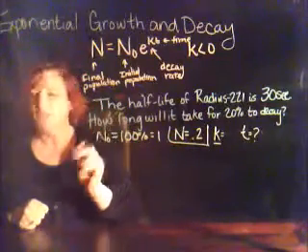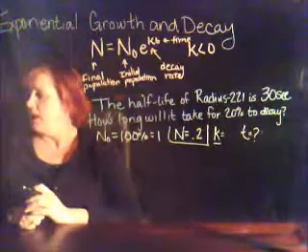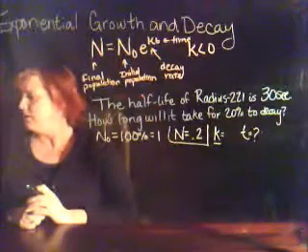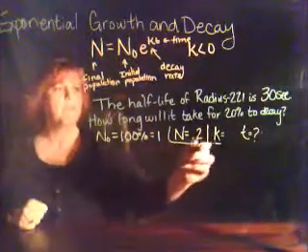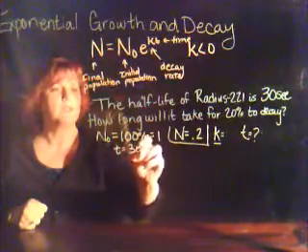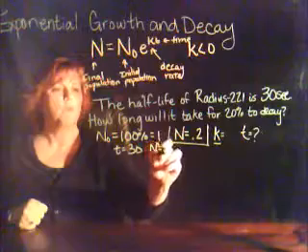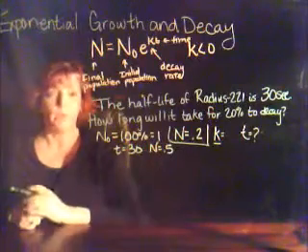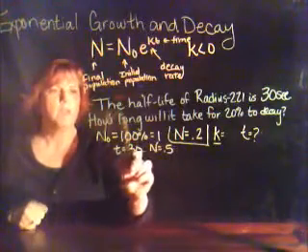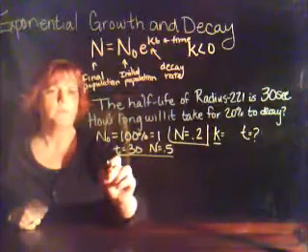I have to do this kind of in a two-step thing. My time is 30 seconds when I can get to half, which is 0.5. So let's first find k using this information.